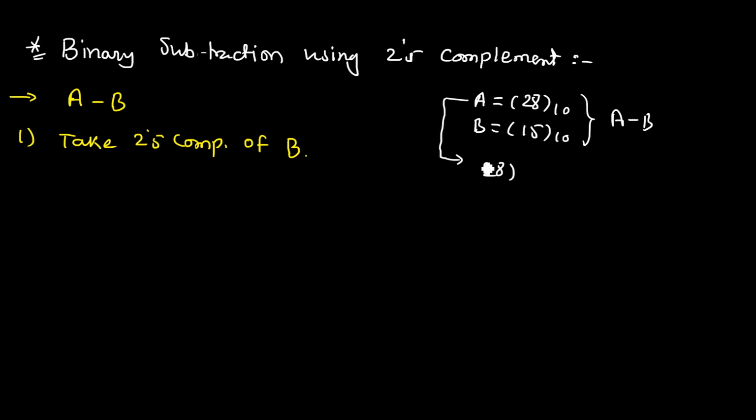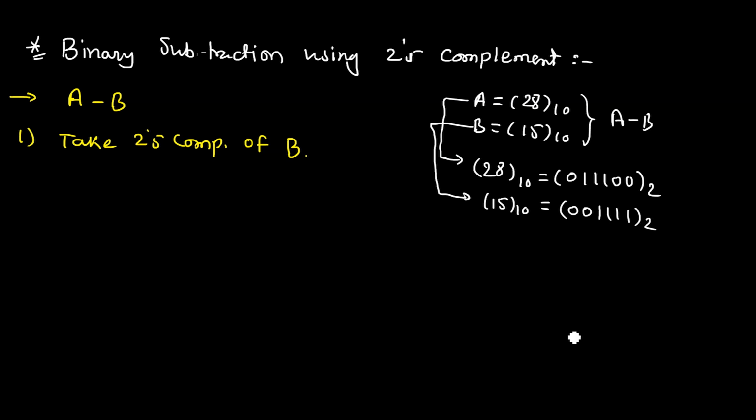So 28 in decimal has the equivalent binary number 011100, and 15 in decimal is 001111 in binary format.